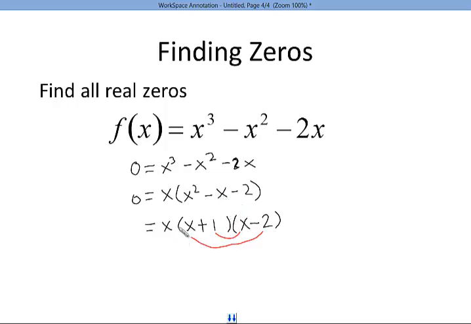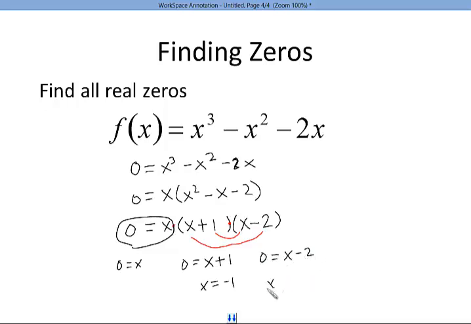So now we have a product. There we go. We have 3 pieces that equal 0. So I know that x is equal to 0. That's the first piece. The second piece is x plus 1 is equal to 0. That means x is equal to negative 1. And then we're going to have a third piece. 0 is equal to x minus 2.